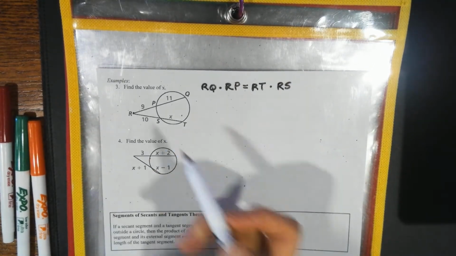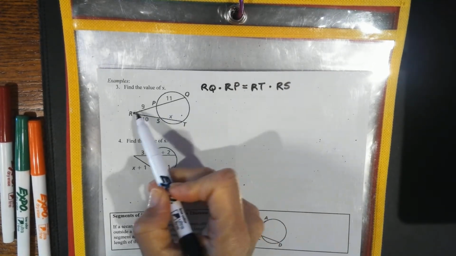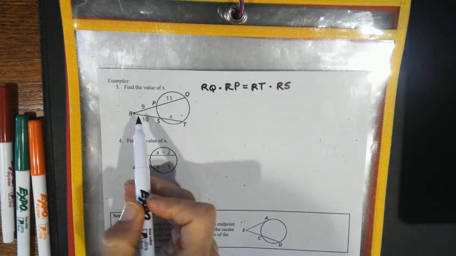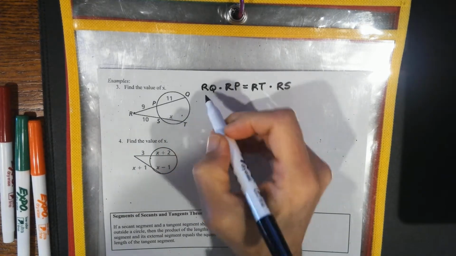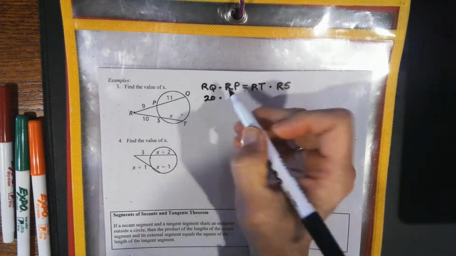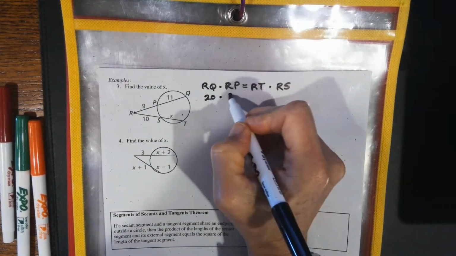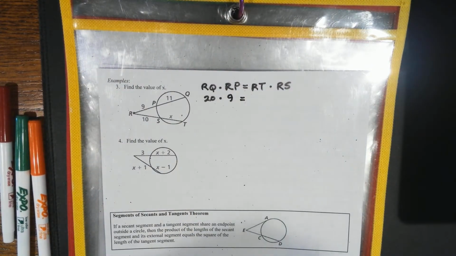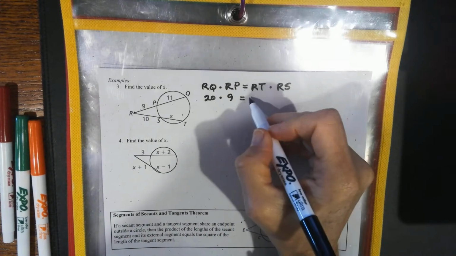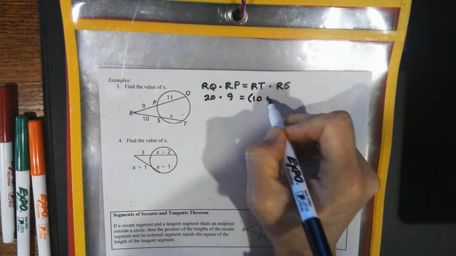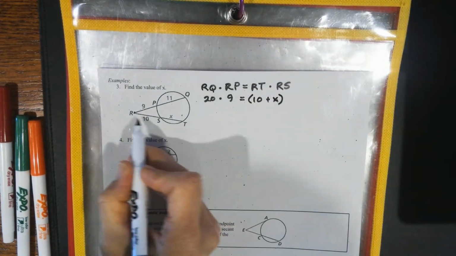Again, if you want to color code, it's the whole part times the external equals the whole part times the external. So the whole part here is 20, and the outside part is 9. The whole part here is 10 plus this x. And then RS is 10.